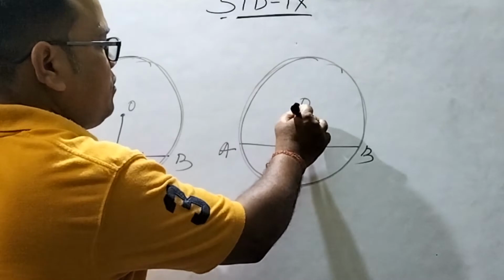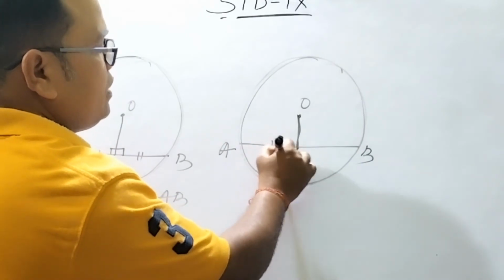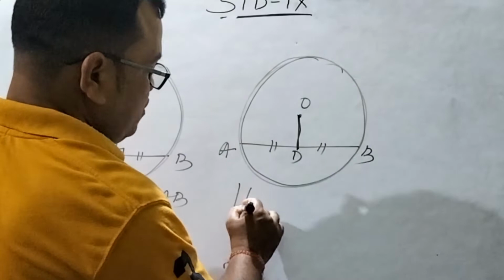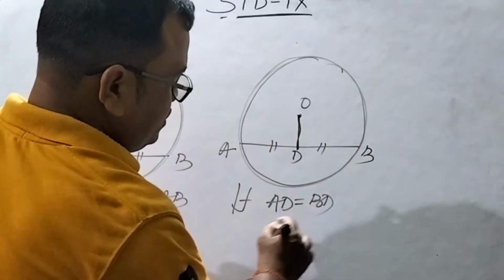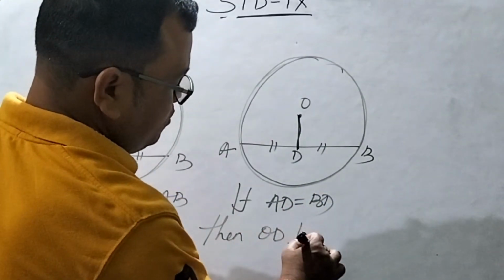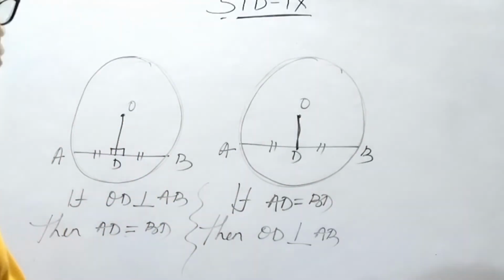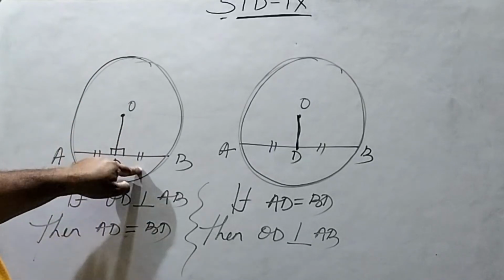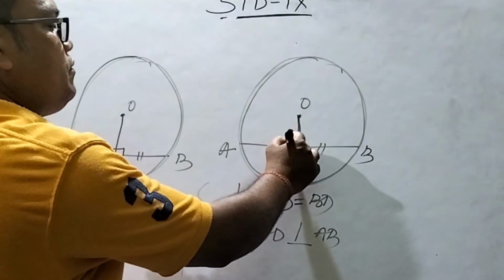If suppose this is a line segment OD and given AD equals BD, then OD is perpendicular to AB. These are the two things you have to remember. If it is perpendicular, then it will bisect. If it bisects, then it will be perpendicular.